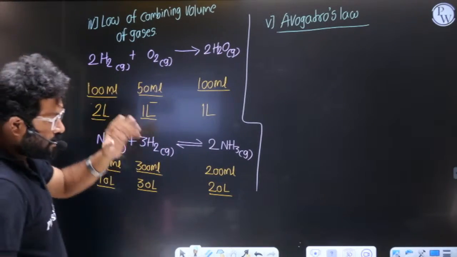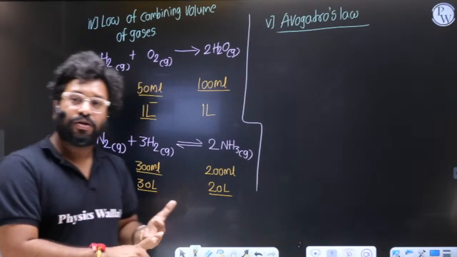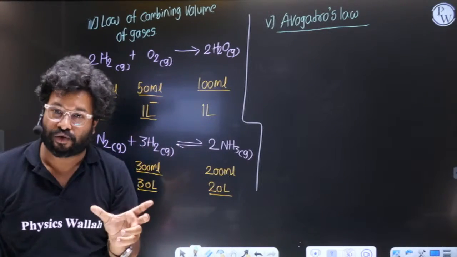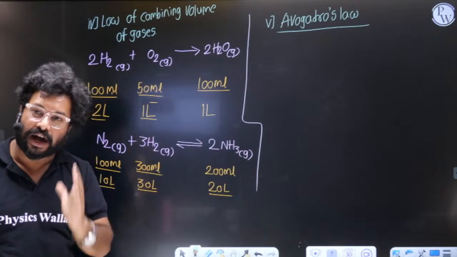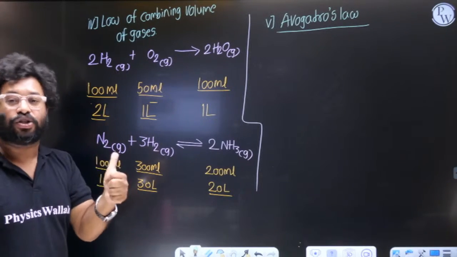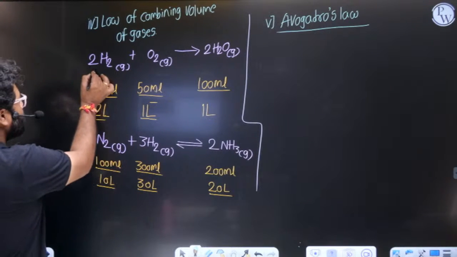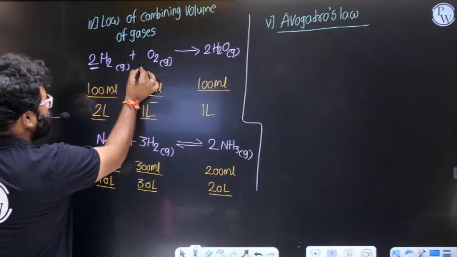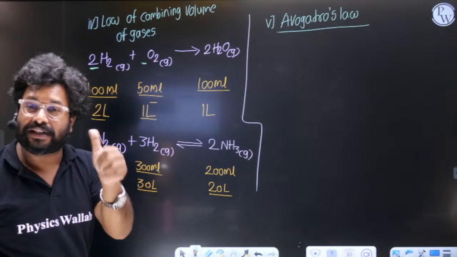So look here. 2 moles of hydrogen are reacting with 1 mole of oxygen to get you 2 moles of H2O. Now here, if you take 100 ml of hydrogen gas, you need 50 ml of oxygen gas. Why so? It's because just look at the ratio here. The ratio is 2:1. You did not write anything before O2, that means the number there is 1.